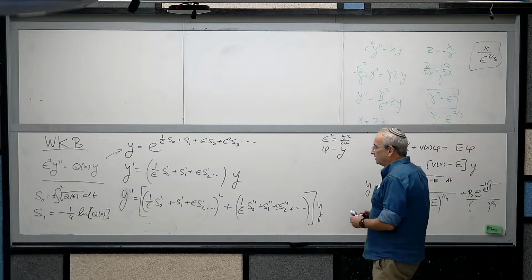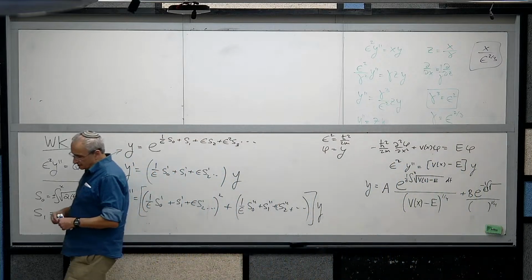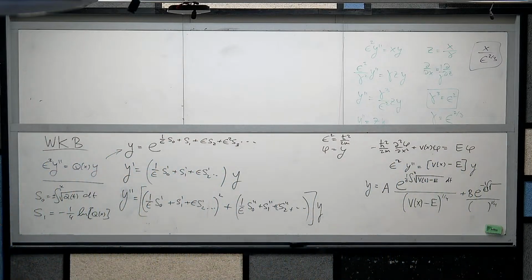This is the most general solution of the Schrödinger equation, and now we only have to satisfy the boundary conditions.